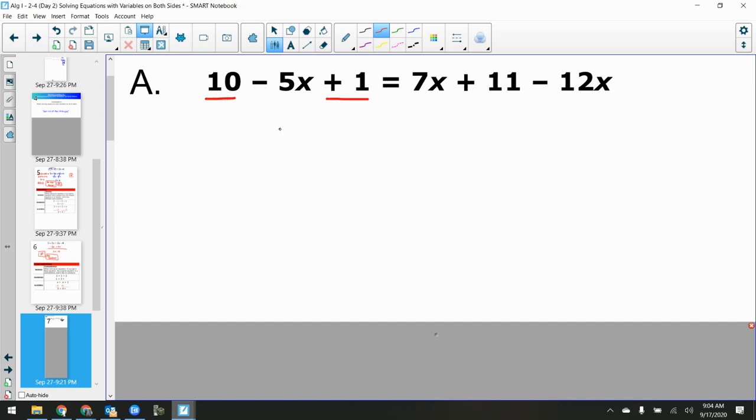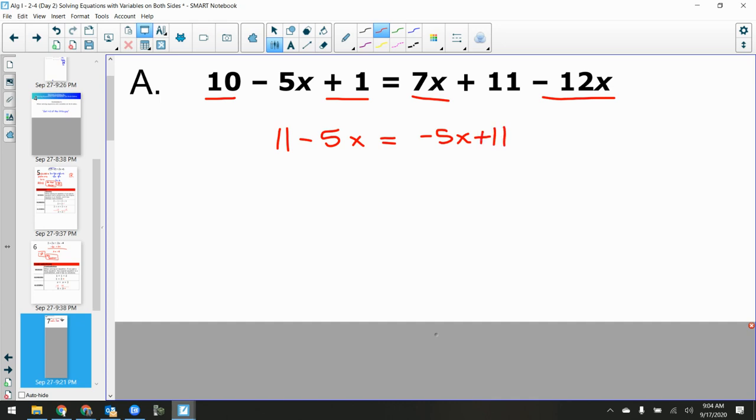Okay, the 10 and the 1 will make an 11. Again, same rules. Don't start moving things across an equal sign before you simplify. 7x and negative 12x make negative 5x plus 11.